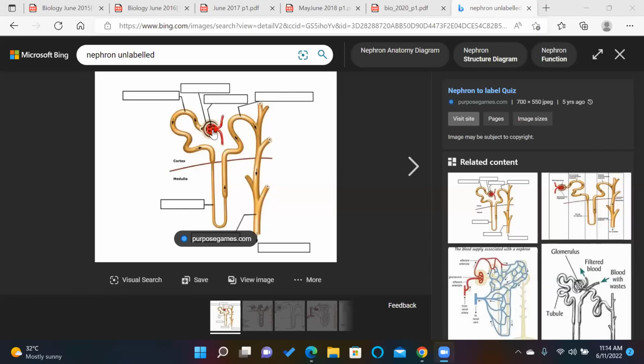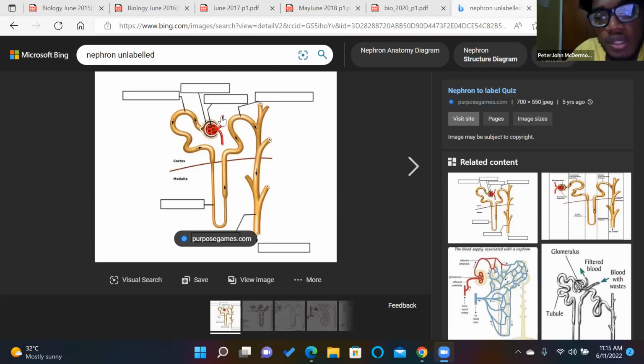Yes, sir. All right, what's this? Glomerulus. What's all of this unit together? What's this red thing? Artery or something. It's not, it's an arteriole. But which one is it?